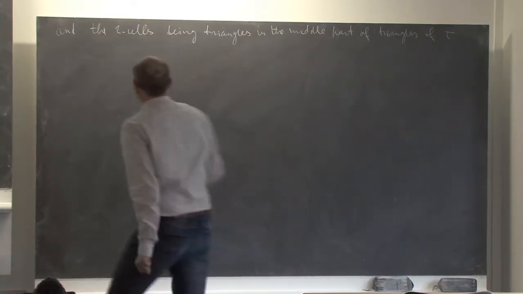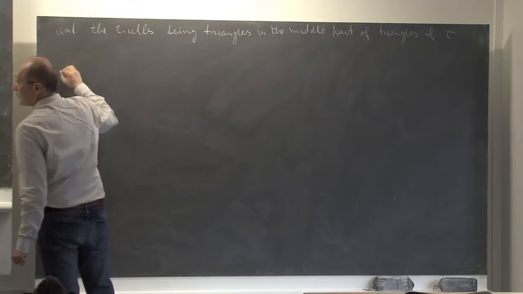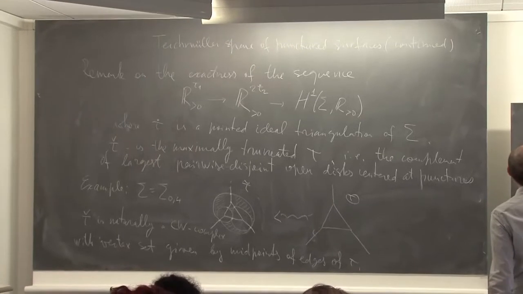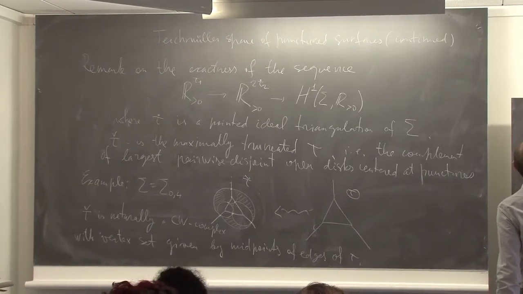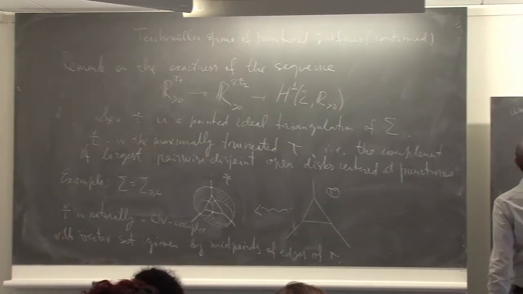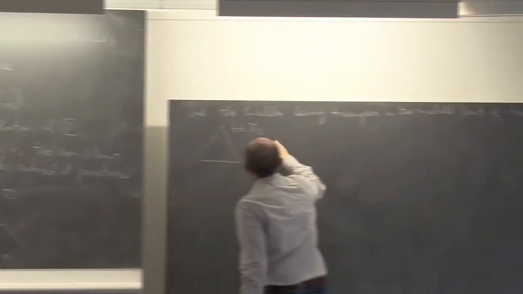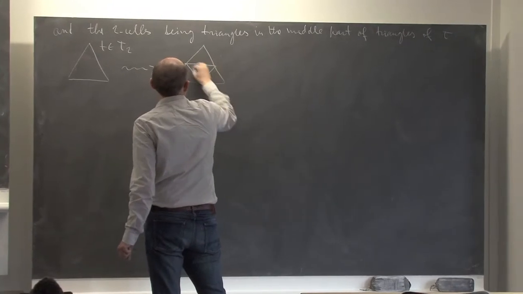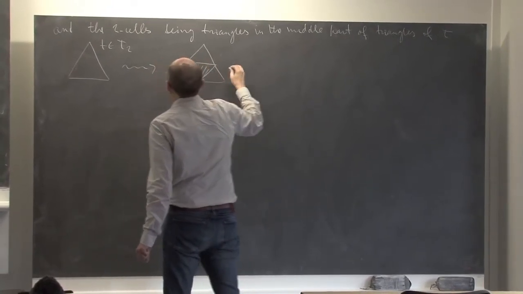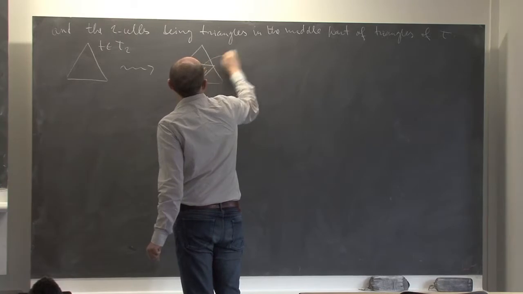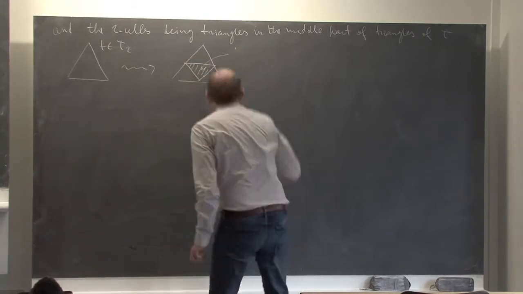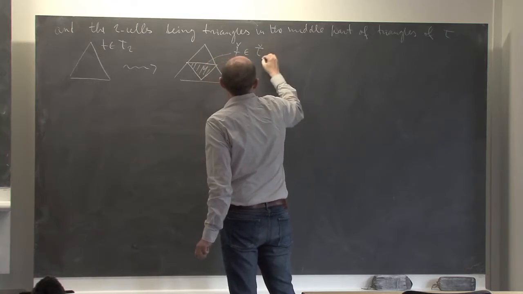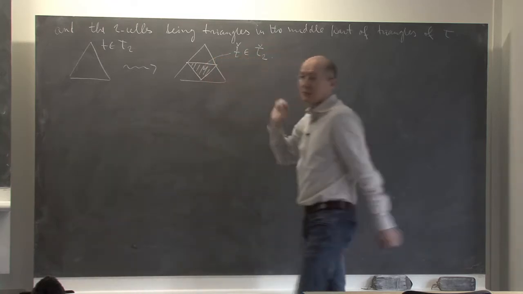So if we have a triangle T in tau 2, then we get a triangle T check living in tau check 2.